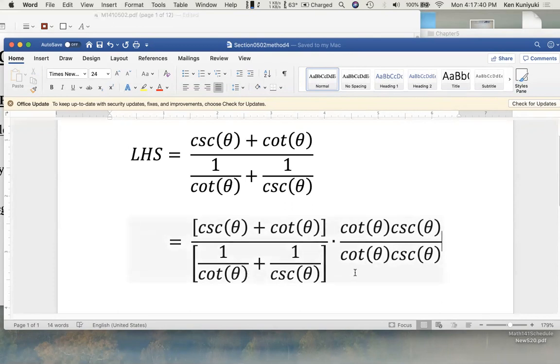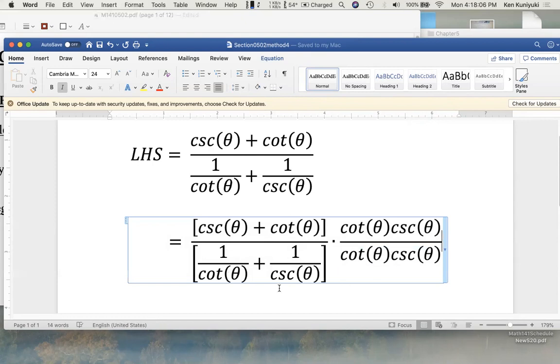Down here, when you look at this denominator of this compound fraction, we don't like the fact that we have these fractions inside the denominator. That's why we have a compound fraction over here. So I actually do want to apply the distributive property and distribute cotangent of theta, cosecant of theta into these two terms here.